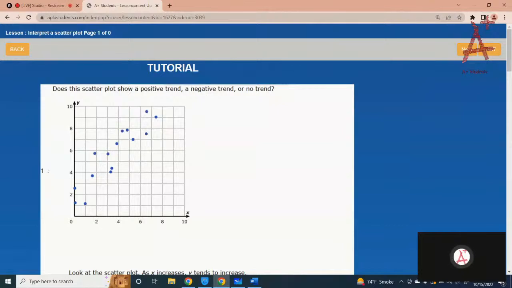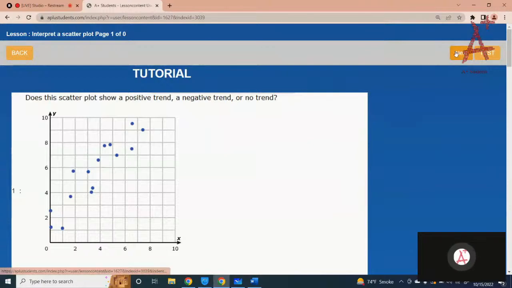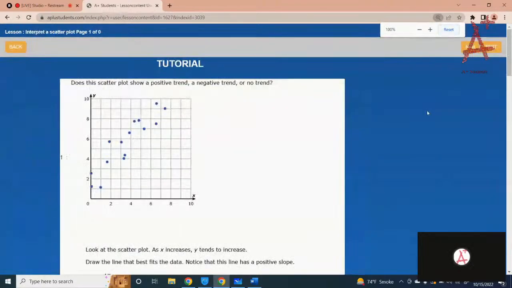Let's start with: does the scatter plot show a positive trend, a negative trend, or no trend? So we have to look at the scatter plot and see what the relationship is between x and y values. Got it? So see here the x values are increasing and y values are also increasing. When the x values are increasing and y values are also increasing, that means the graph has a positive trend. Got it?